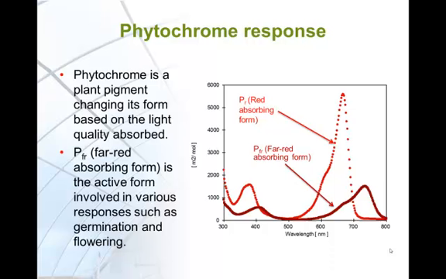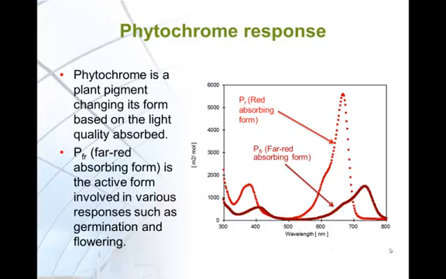Plants have different pigments other than chlorophyll, which governs photosynthesis. Phytochrome is another plant pigment, changing its form based on the light quality. It has a very unique response, specifically responding to red and far red light. Red is the light between 600 to 700 nanometers, and far red is generally considered as 700 to 800.